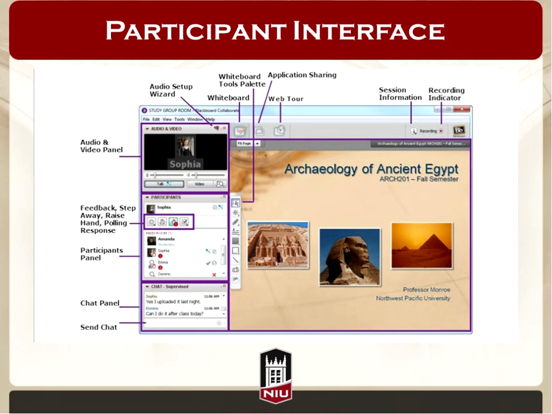So let me talk a little bit about the interface. Those of you participating live today are experiencing the interface for yourself. But let me talk about how it differs from Wimba Classroom for those viewing the archive.